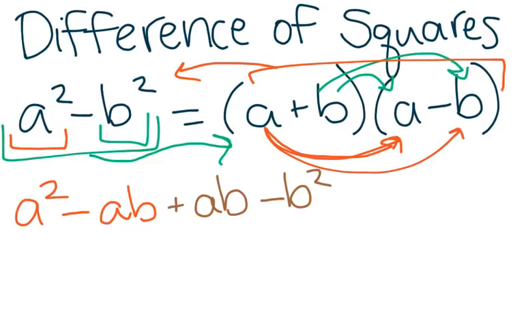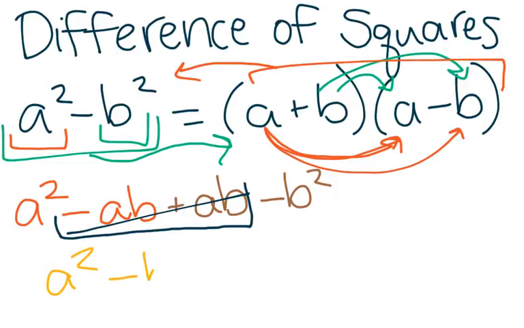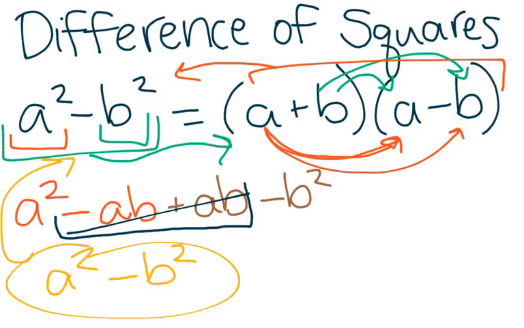And then we can see if we combine like terms, negative ab plus positive ab is going to cancel out, and we are left with a squared minus b squared, which was our original expression.